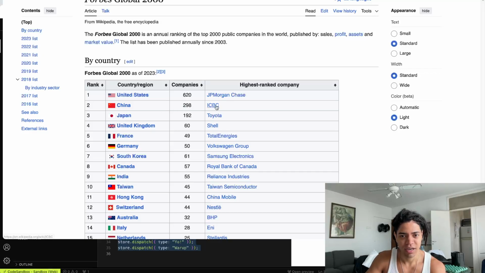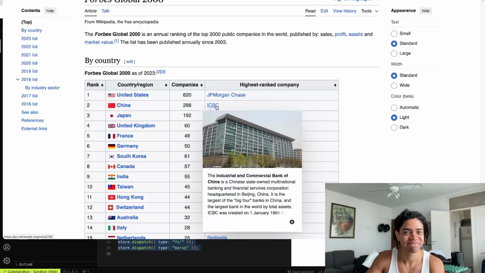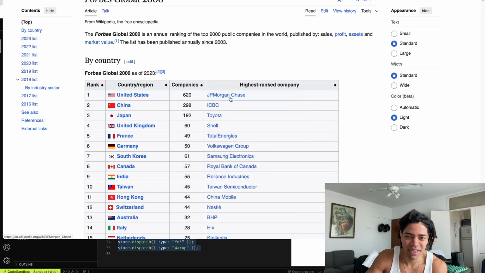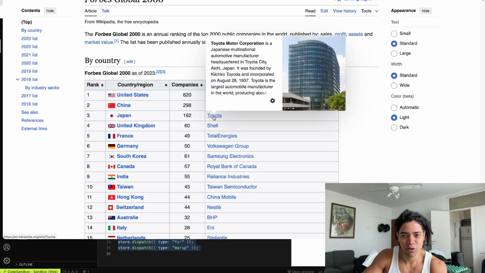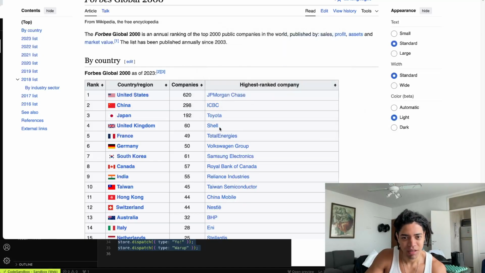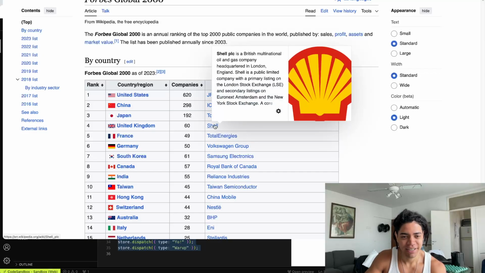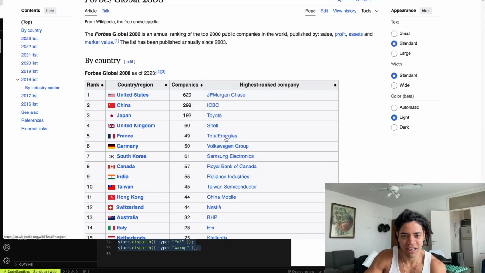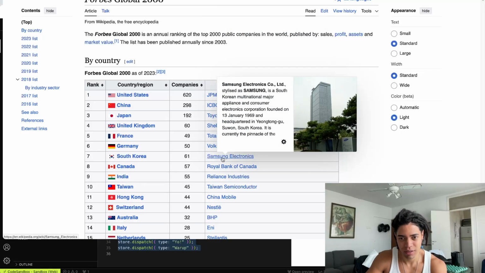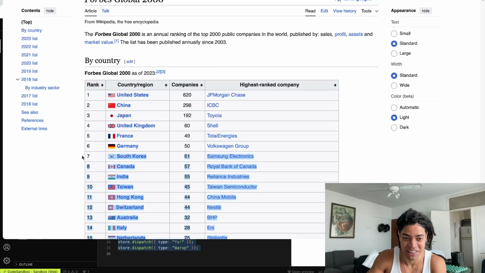China, ICBC, banks, bro, banks. Then you got Toyota. That's quite interesting. Shell, British Petroleum, Total Energies, and Volkswagen Group. Samsung Electronics on 7.